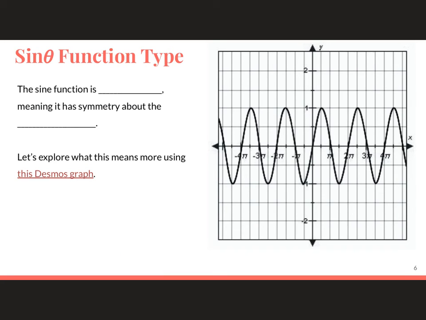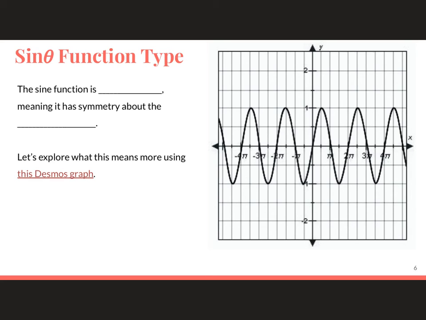So another key characteristic of our function that we want to look at is whether there's any symmetry going on. That means that if I fold or rotate my function at a certain point or a certain axis, then when I do that fold or rotation, it's going to fold right on top of itself, or map right on top of itself.